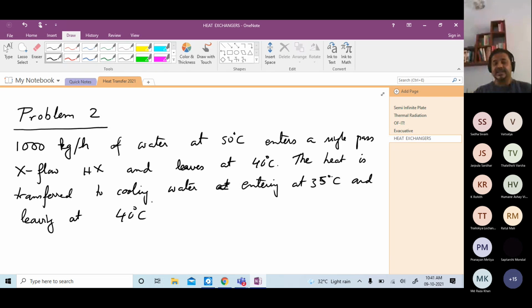So as you can see, the exit temperatures of the hot and cold fluids are the same. If it were a parallel flow heat exchanger, right at the end there would be no heat transfer. But because it's cross flow, it doesn't matter. It can be different.